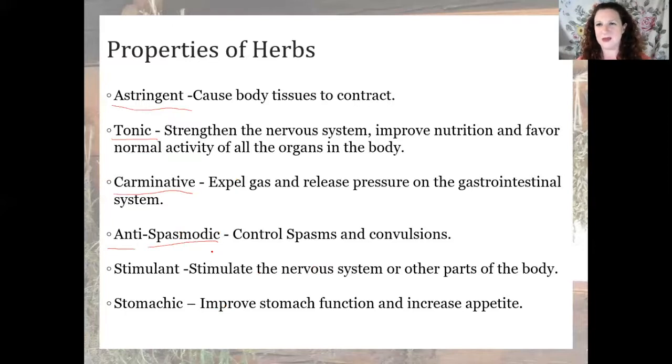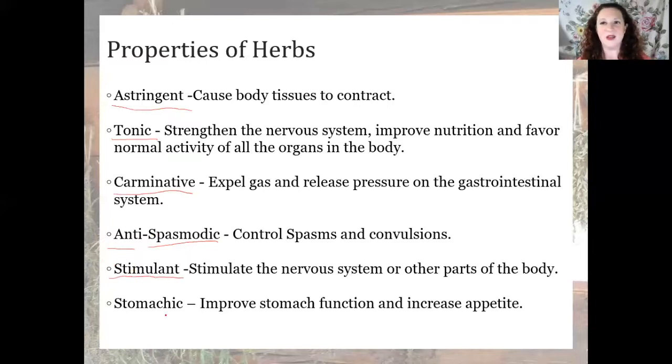Sometimes we hear spasms and convulsions and we think of something like epilepsy. If you're having some type of convulsion, if you're epileptic, please go to the doctor first. But when we're talking about it in this context, typically we're talking about things within the stomach.